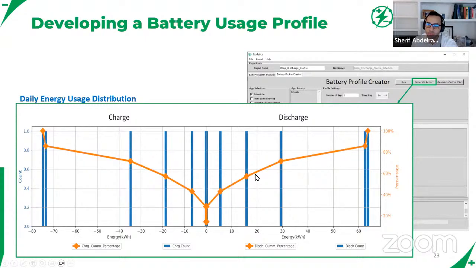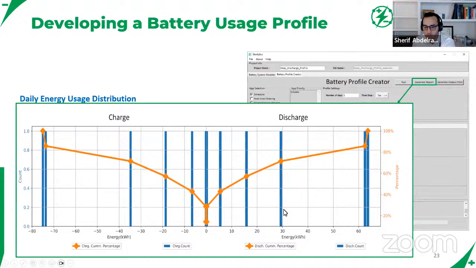So really, the more horizontal this cumulative distribution function is, I think the more opportunity you have as a designer to really neglect adding battery capacity that's not really going to be utilized much for the use case.